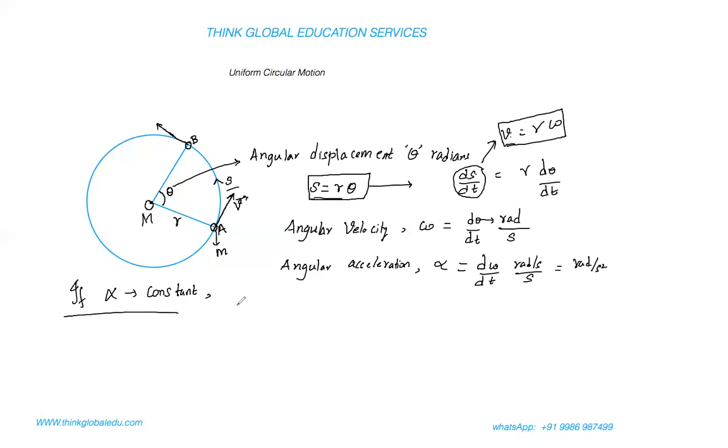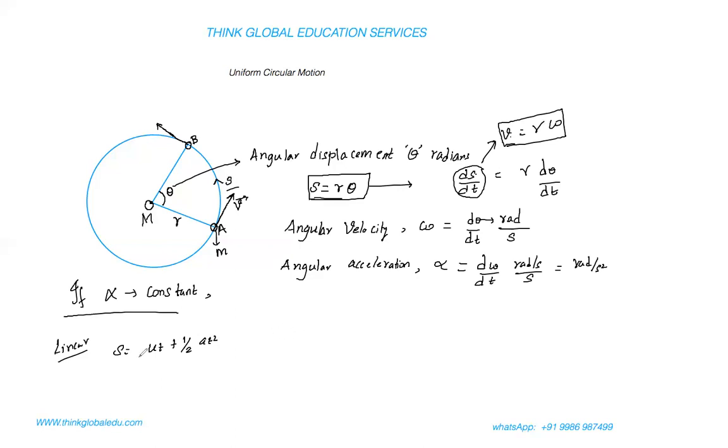So we have to change certain values and we'll get the equation of motion for circular motion. As we know, in case of a translational or linear motion, you will get the equation of motion S equal to ut plus half at squared.